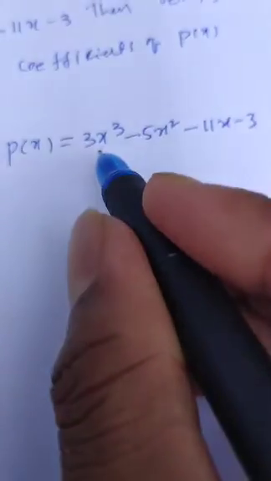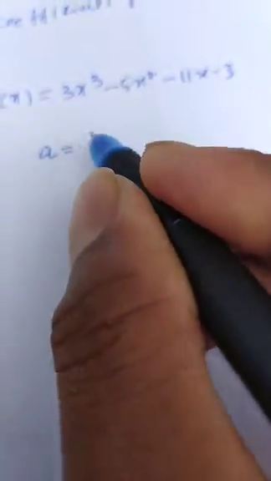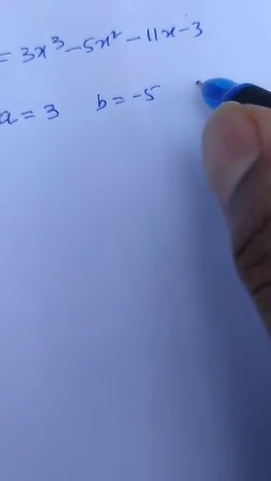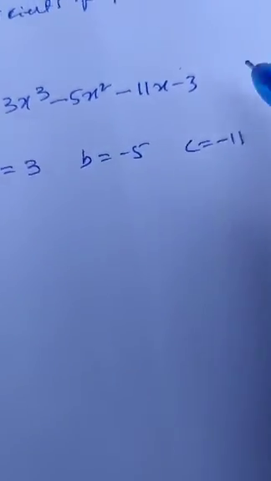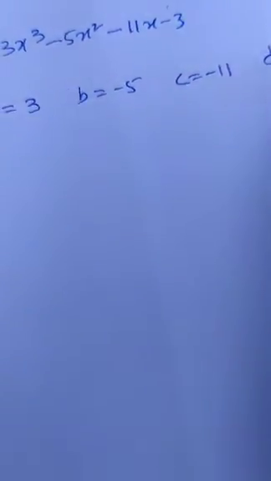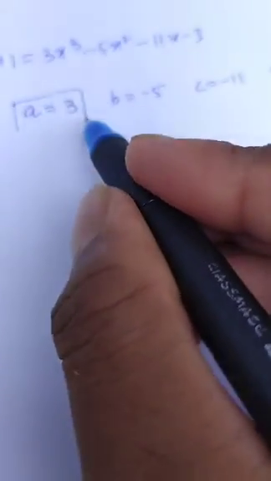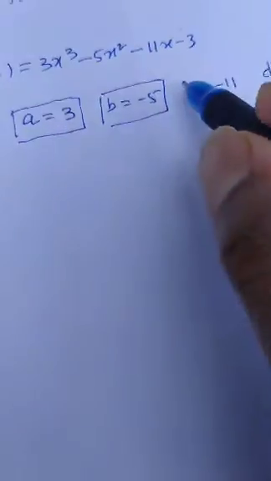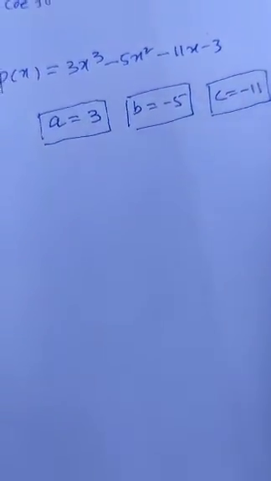Here the x cube coefficient I am taking as a equal to 3, the x square coefficient b is minus 5, the x coefficient c is minus 11, and the constant d is minus 3. I am comparing with ax cube plus bx square plus cx plus d, and then you can get the coefficients a, b, c, d.